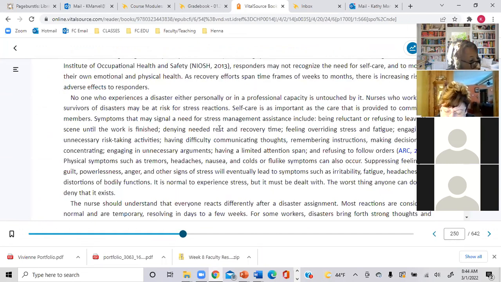We need to know, we talked about natural versus man-made. We need to know about Healthy People 2020. We need to be able to teach families how to prepare, which we just went through. And the importance of the National Response Framework. Okay.